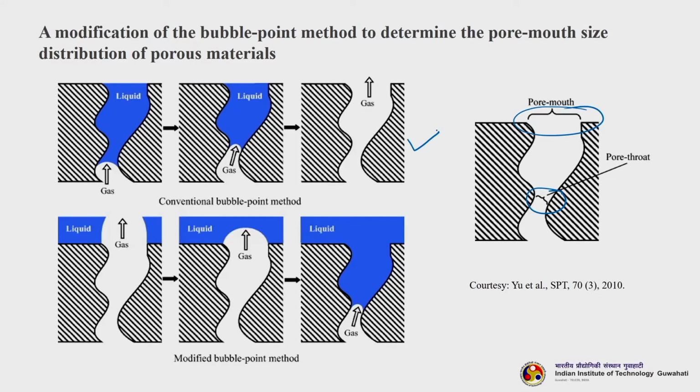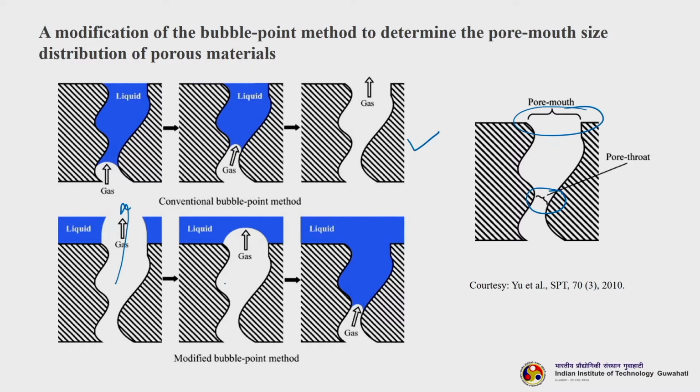So, this is the conventional bubble point method. In this method, the pore mouth is filled with liquid when the gas is passed. When the gas is passing, I am dropping liquid on the pore mouth. You can see this: initially, before putting the liquid on the mouth of the pore, the gas is passing through freely.